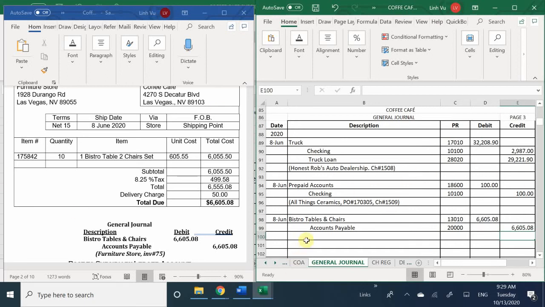Okay? And what you're going to place here is pretty much any information that you need in regards to this bill. So, for example, this is going to be to furniture store. Was there an invoice number to this?